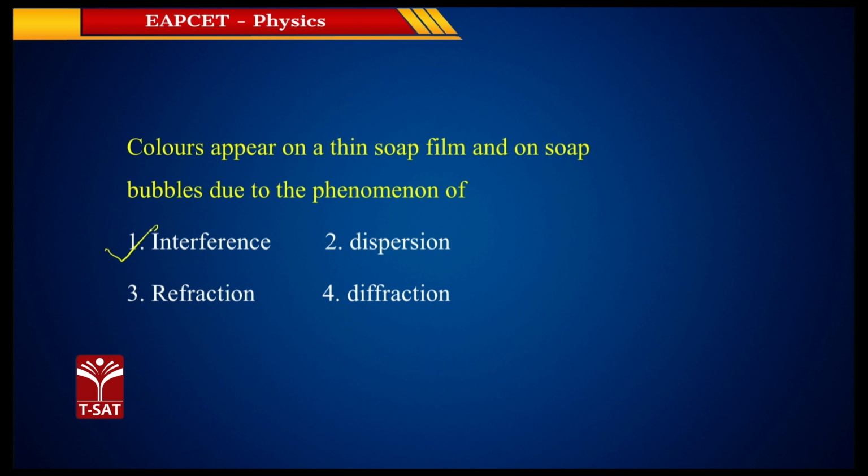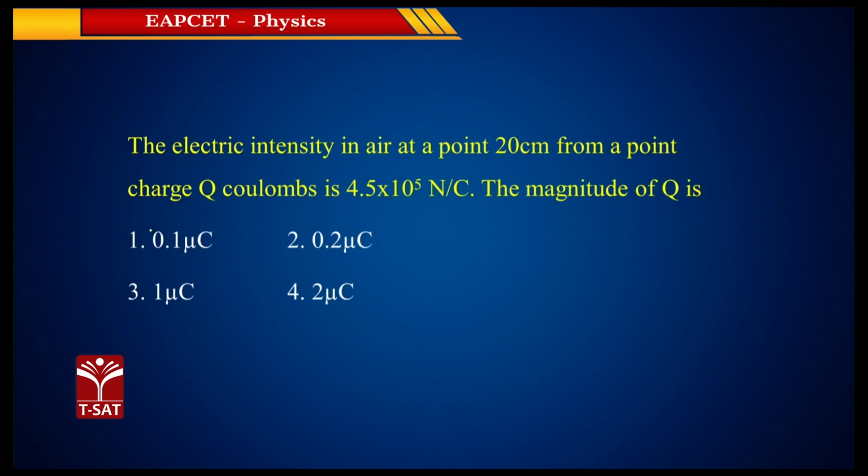Okay, and next, the electric intensity in air at a point 20 centimeter from a point charge q coulomb is 4.5 into 10 to the power 5 Newton per coulomb.